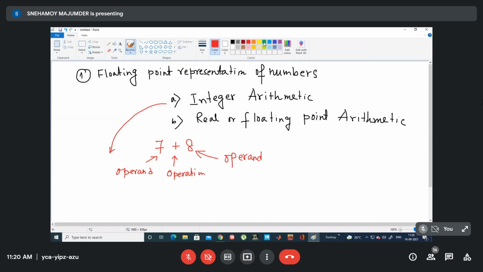But this can also be like this: 1.5 plus 3.97.